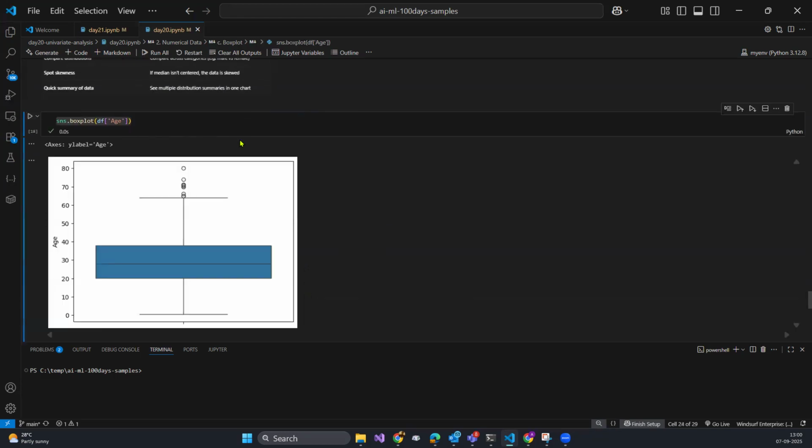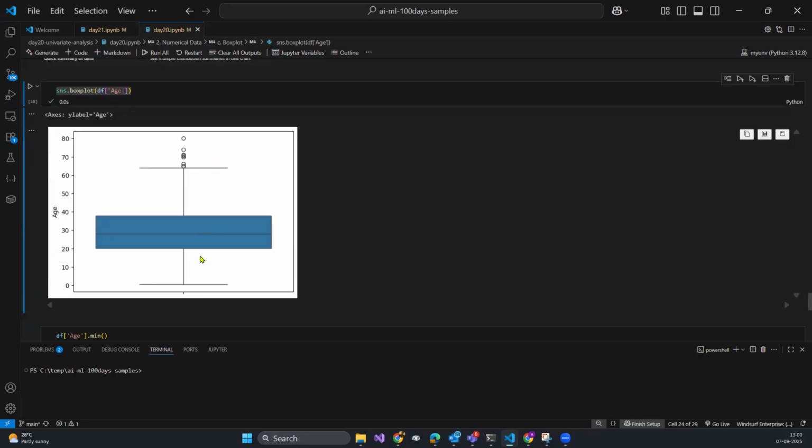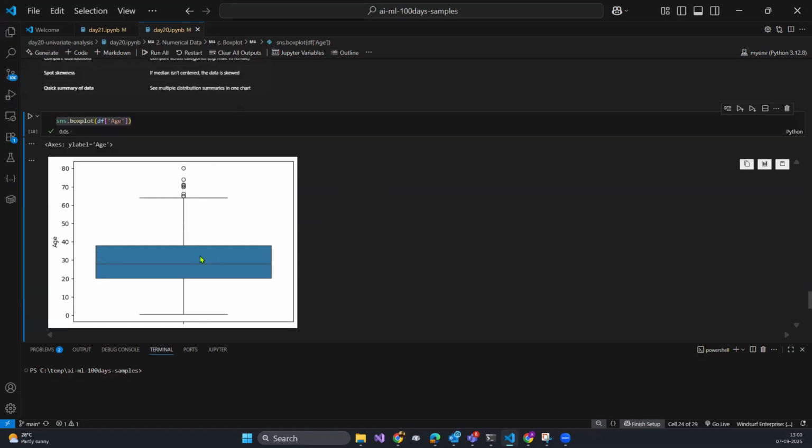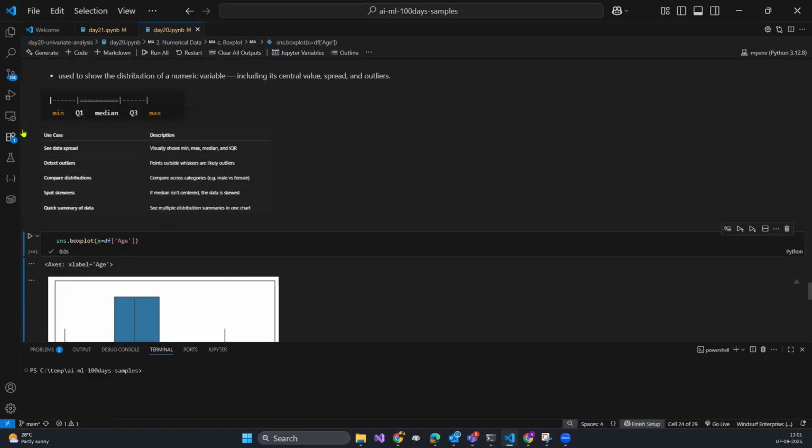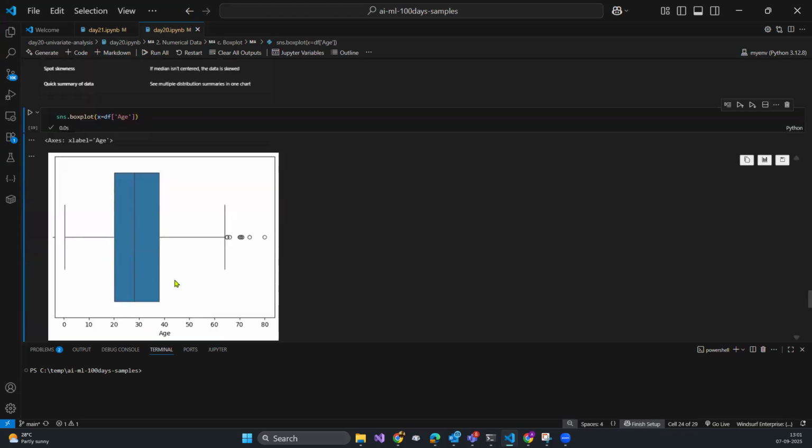So this is one of the box plots, and here you can see it is showing how age is distributed, right? For example, if I say X, then this will be the X-axis distribution, which will be similar to this box plot depiction.